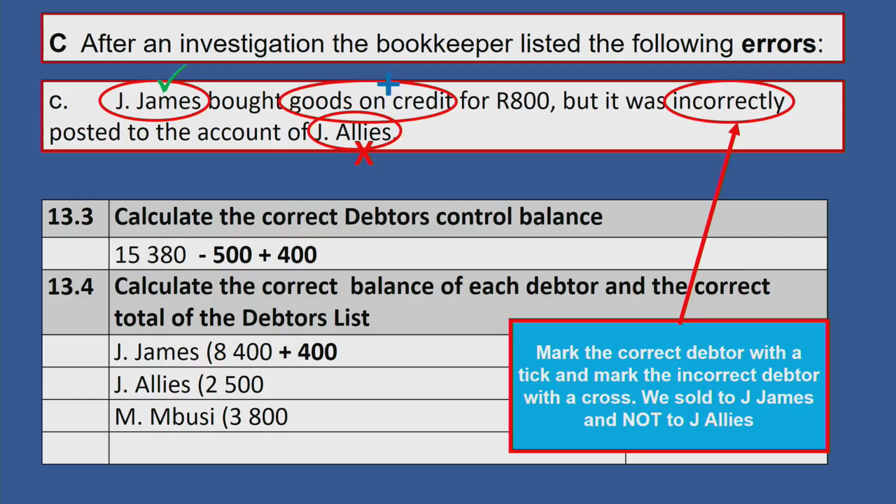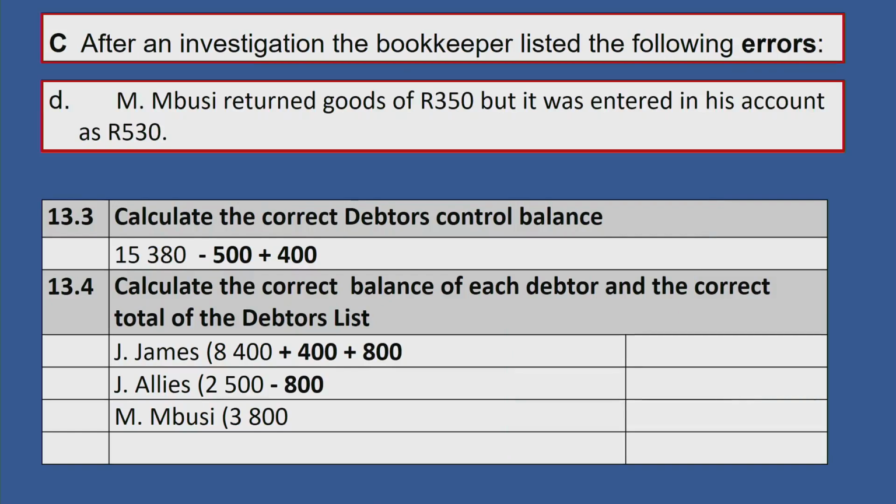Alice should not have been plussed. Alice will phone me and say, what's going on? I did not buy from you. So we go to Alice, and we minus it from her. And James thought he was lucky, but now we say, mistake, you did buy from me, there's your plus 800. Number D, what will I circle?